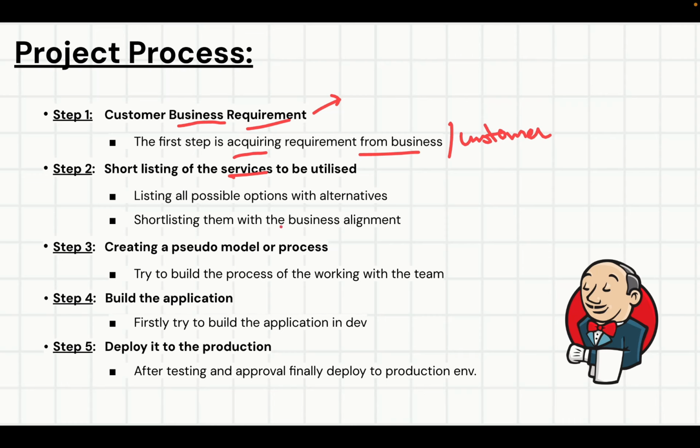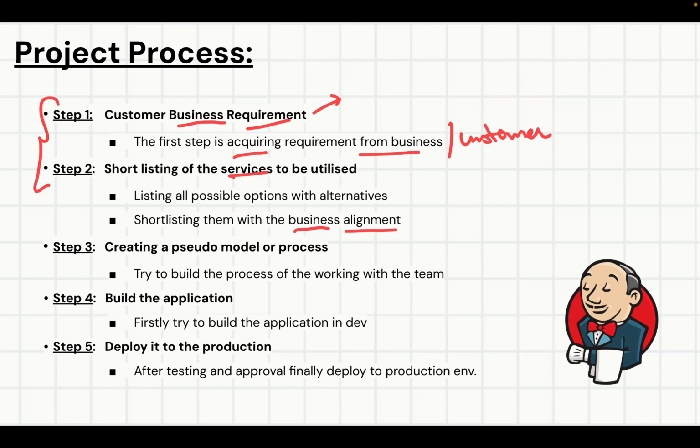Then shortlisting them with the business alignment. So at the end, after the approval, we have to finalize those products, finalize those tools, then move towards the second level to create a pseudo model for them. So these are the first crucial steps that belong to the working of the business, involved in this process from end to end.